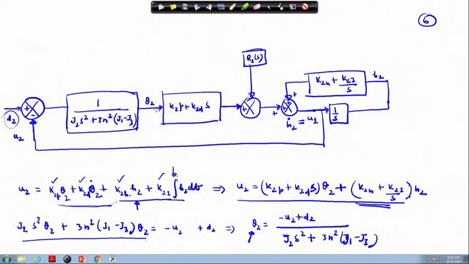Okay, so, remember that here theta 2 we are showing only. So, theta 2 is the angle measured from the 2 body axis.